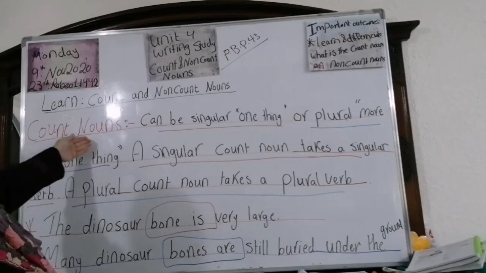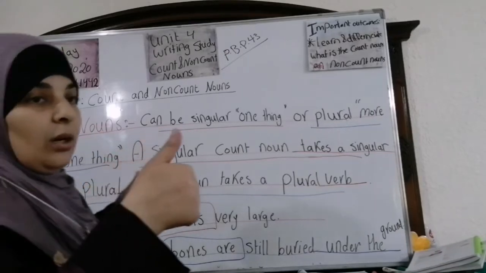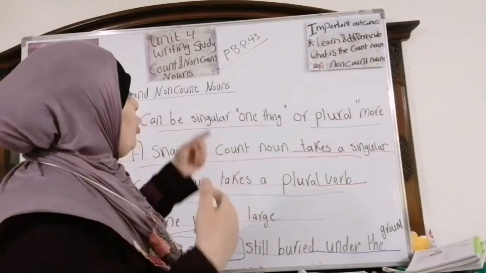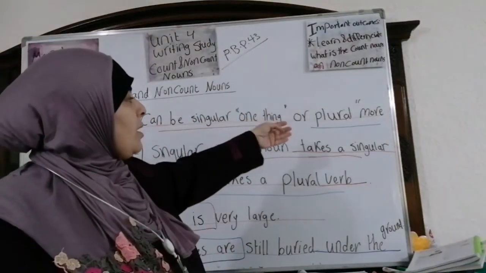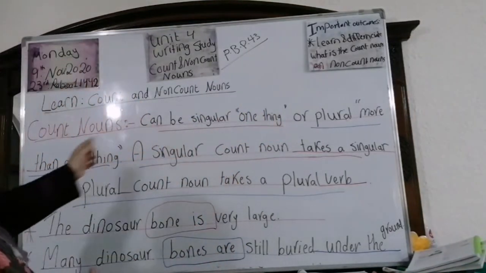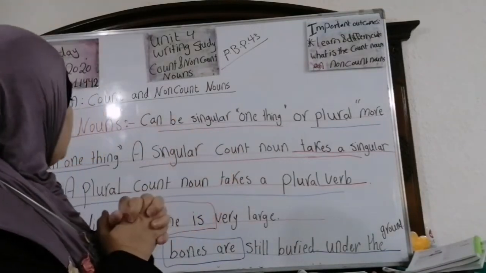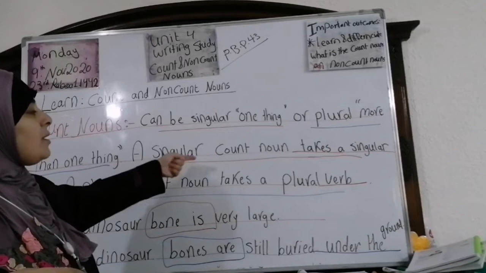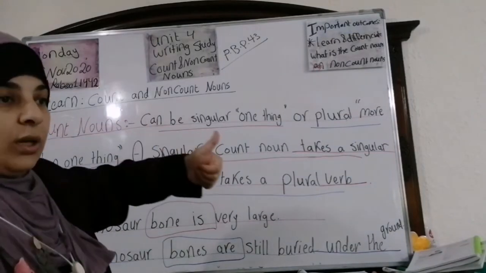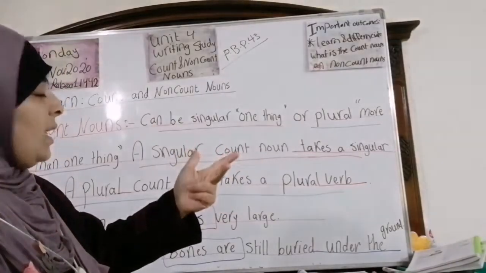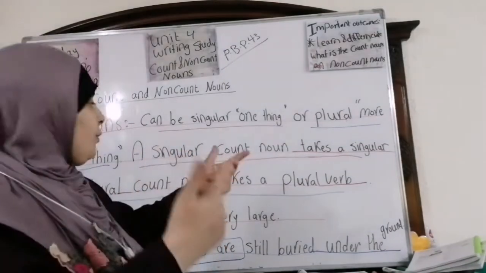Again, count nouns can be singular, one thing, بتكون مفرد, or plural أو جمع. What do you mean by plural? More than one thing, okay? Now, a singular count noun, الاسم المعدود المفرد.